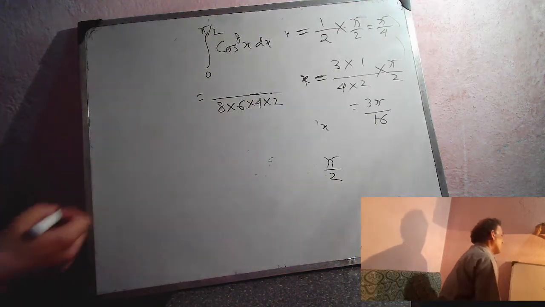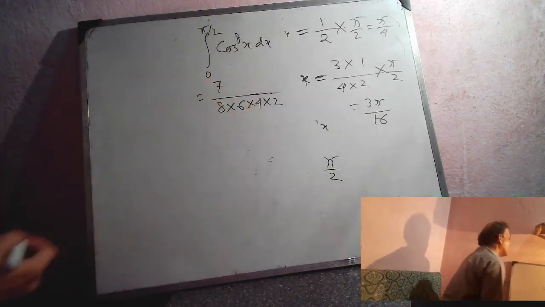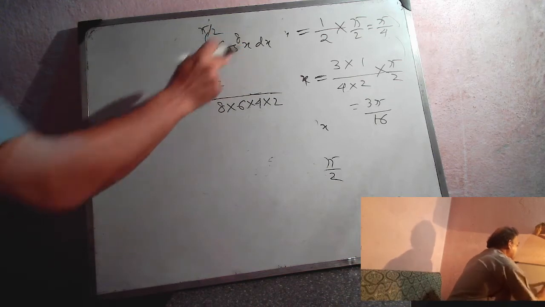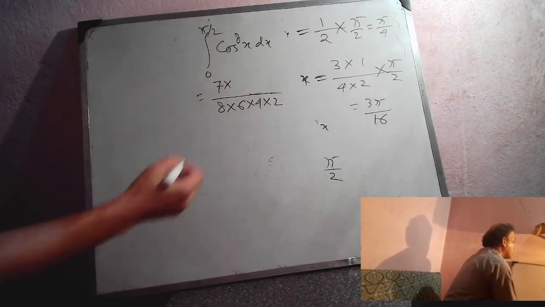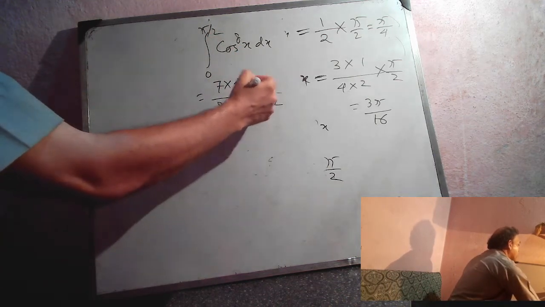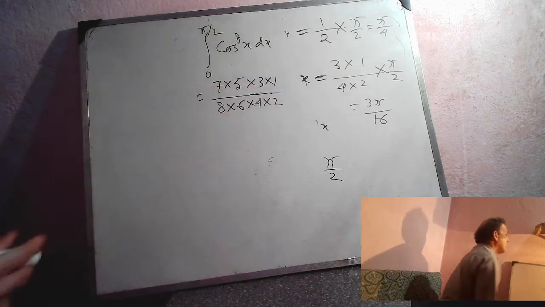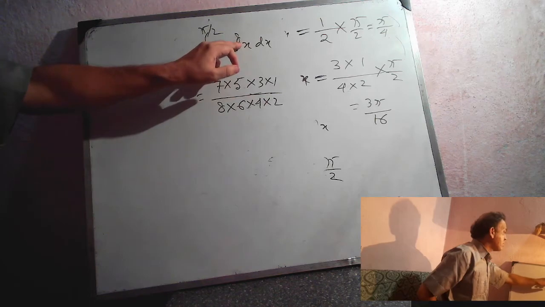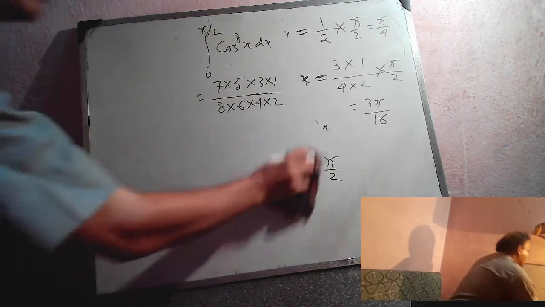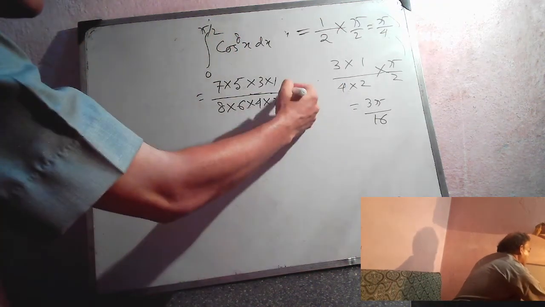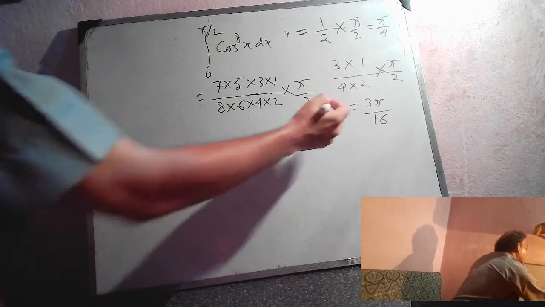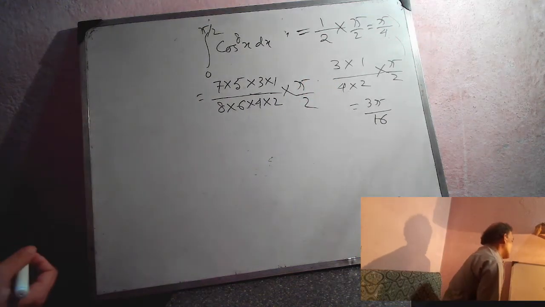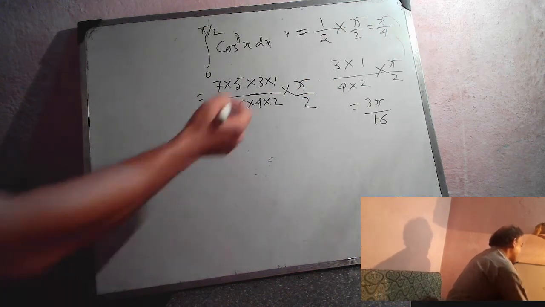Stop here. Now start with 7, that is 8 minus 1, 7. Go on decreasing by 2 units: 5, 3. At the end you will get 1 by 2 when the power is even. Now multiply by pi by 2. This is your answer.